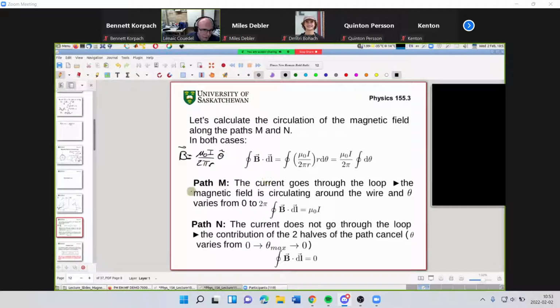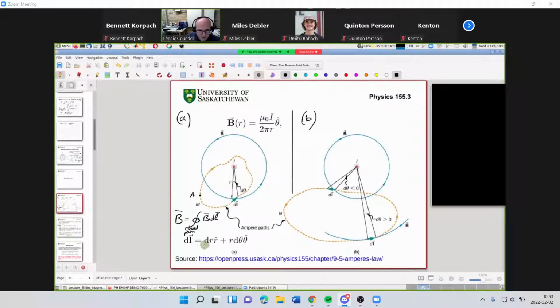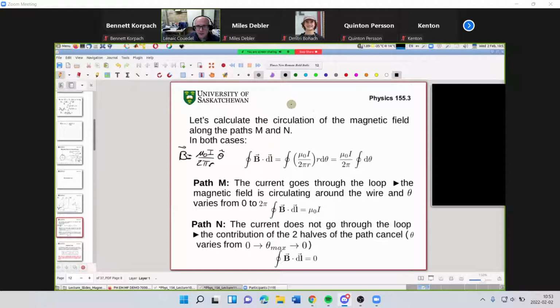So if I do the dot product of dl with B, the r hat component is equal to 0, because r hat is perpendicular to theta hat, therefore r hat dot theta hat equals 0.